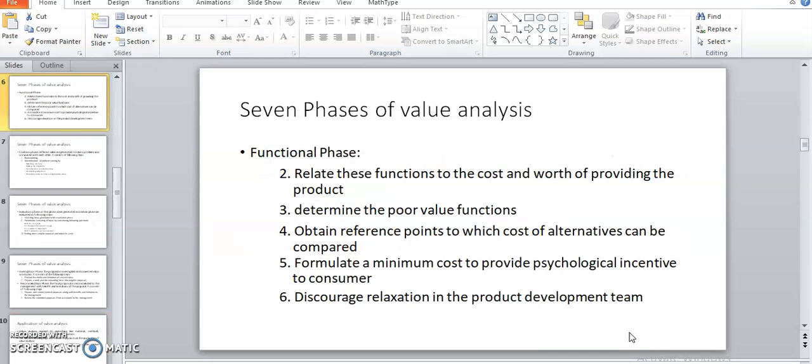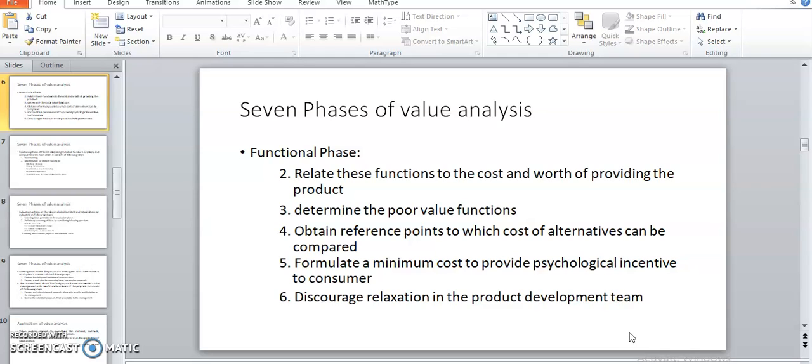The second one is to relate the function to the cost and worth of providing that product. Determine the core value function for eliminating unwanted cost.